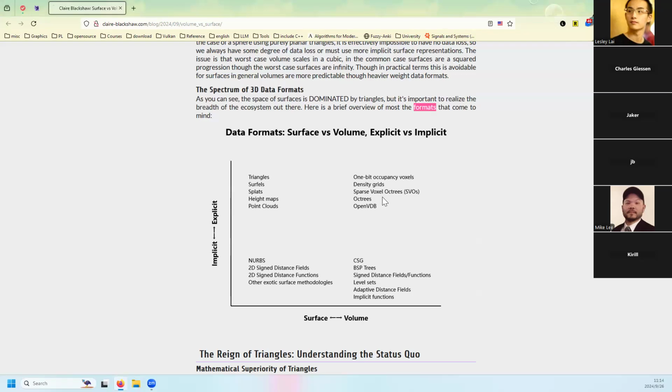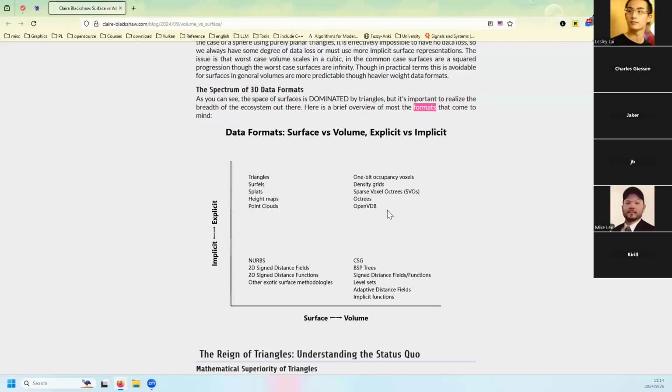Sparse voxel octrees. I often hear about this term, but I actually don't know what the data structure is. And OpenVDB, yeah, I don't know what that is.